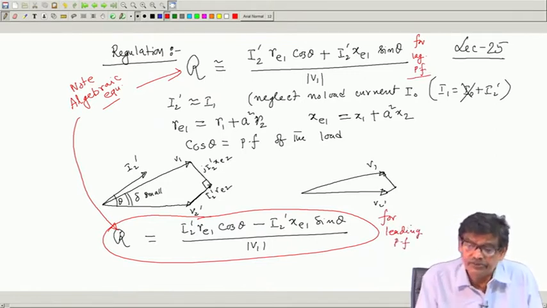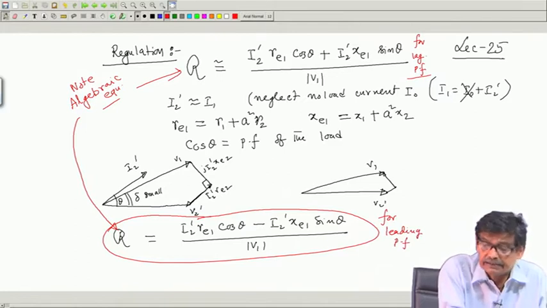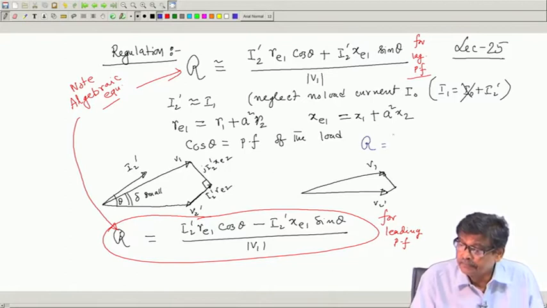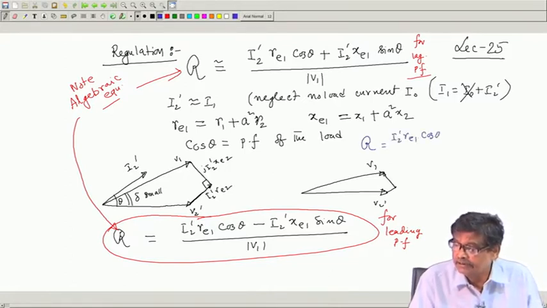Combining these two, regulation is Re1 cos theta plus or minus I2 dashed Xe1 sin theta, divided by the magnitude of V1.